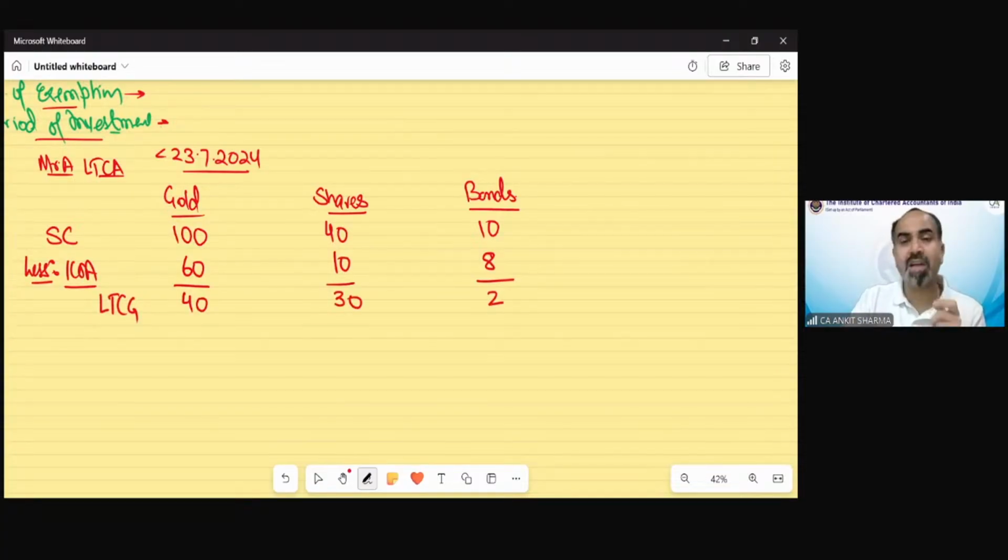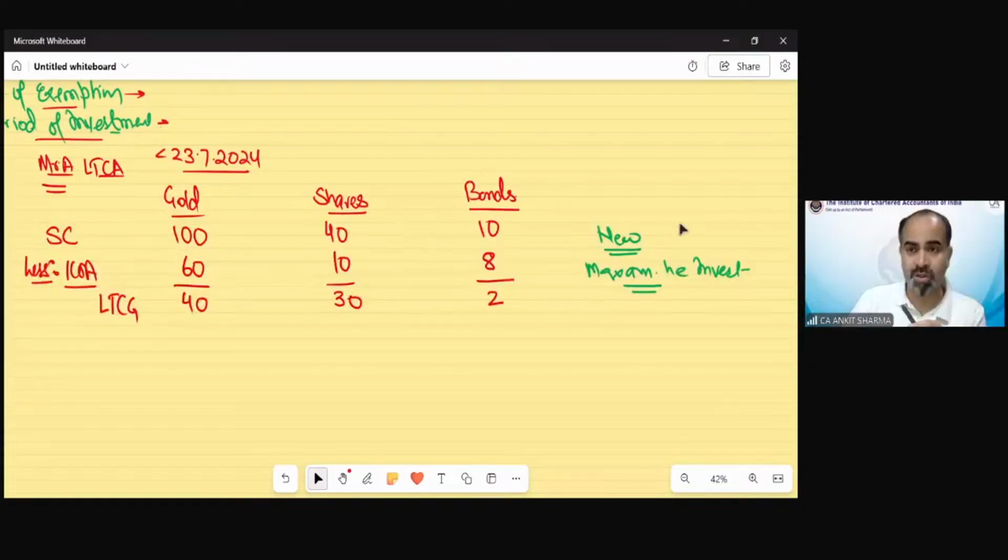If I ask you a very simple question: suppose Mr. A wants to purchase a new residential house out of the proceeds, how much maximum amount can he invest out of the proceeds of these 3 assets?